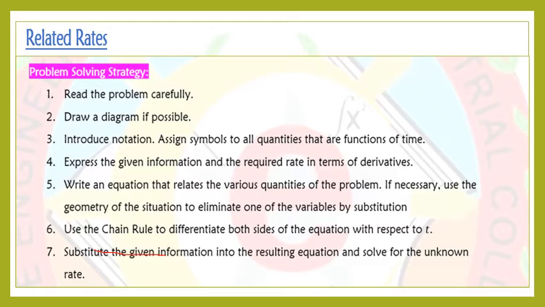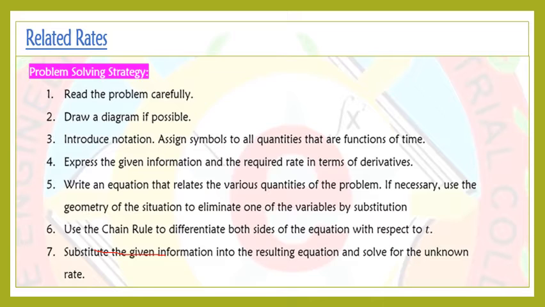So we have some strategy in solving problems dito sa related rates. First, read the problem carefully and then draw a diagram if possible. After that, introduce notation, assign symbols to all quantities that are functions of time. And then, express the given information and the required rate in terms of derivatives.